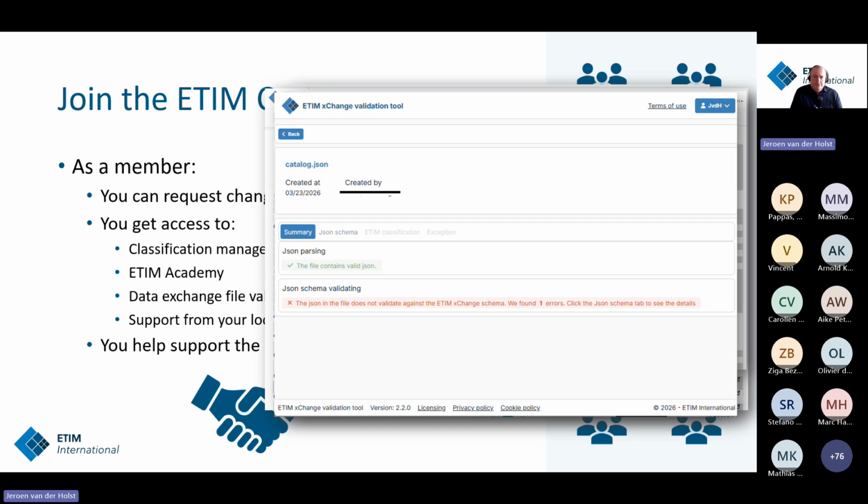And in return, you can become part of the ETIM community, which gives you access to a network. You can send in change requests, use extended functionalities in our classification management tools and our academy, which is launching in April.